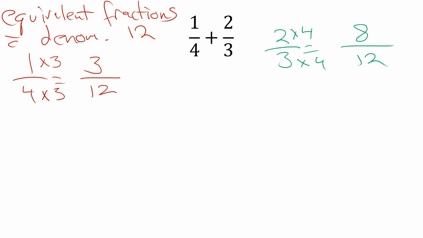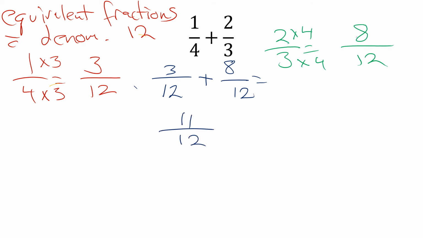So 1/4 converted to 3/12, and 2/3 converted to 8/12. Let's add. 3 plus 8 is 11. Carry the denominator over. So our answer is 11/12.